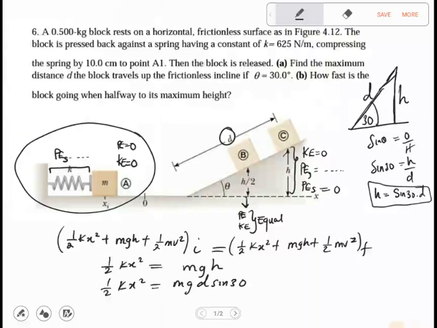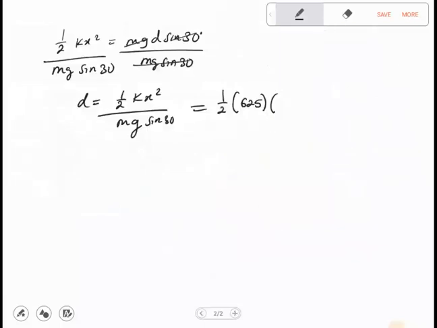It says compressing the spring by 10 cm. It's not stretching, it's compressing. So there's a difference between stretching and compressing. When this distance is being compressed, we take that as negative. When it's being stretched, we take it as positive. So since it's being compressed, we'll say that will be negative.